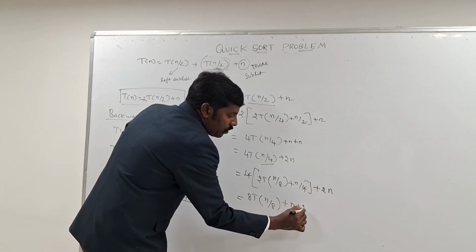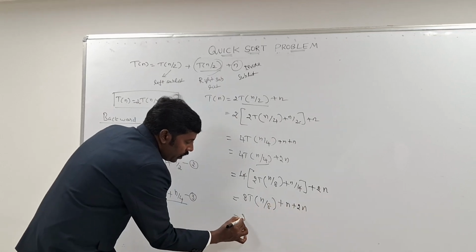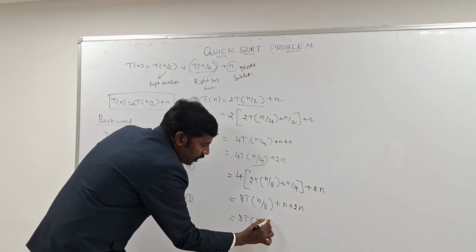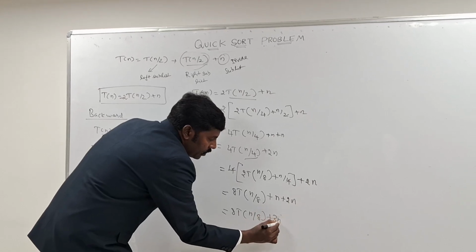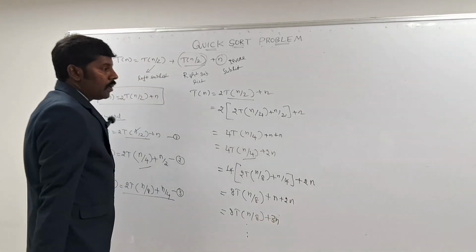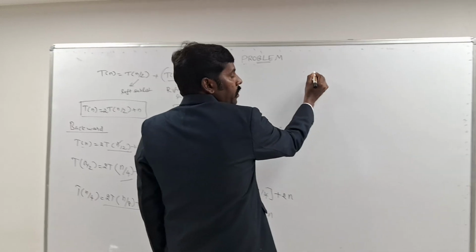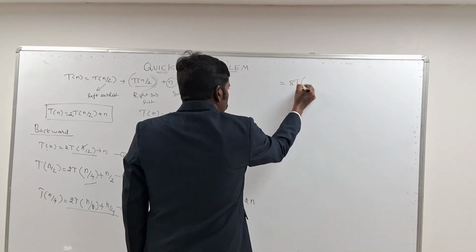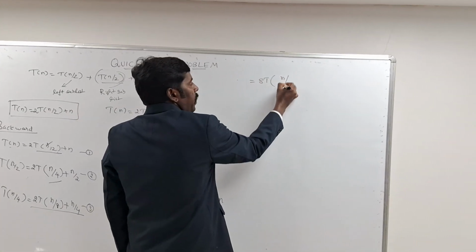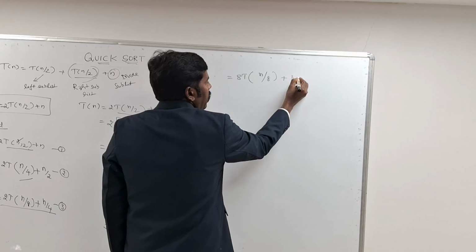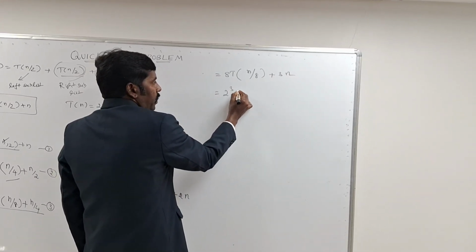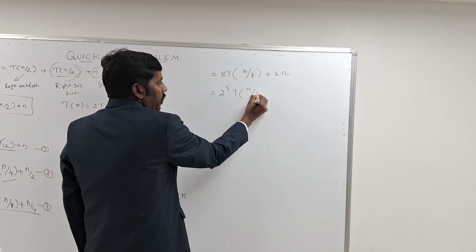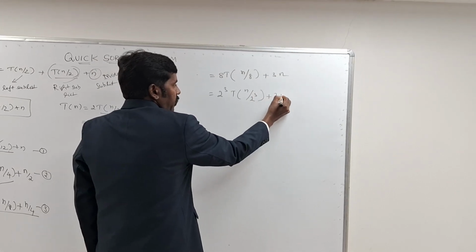So 8T(n/8) + 3n. Take this equation, 8T(n/8) + 3n. The 8 we can write as 2 power 3, so 2^3 T(n/2^3) + 3n.